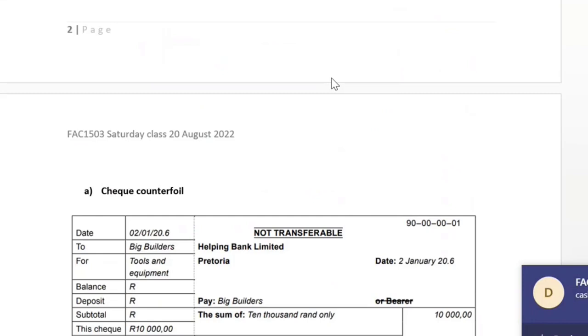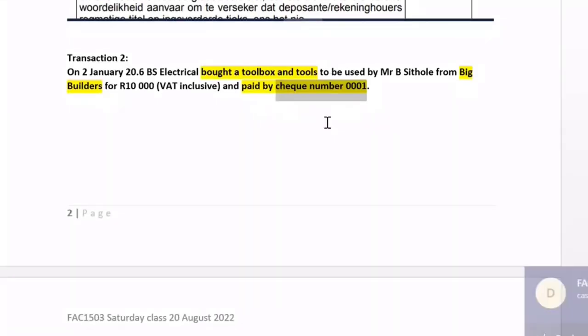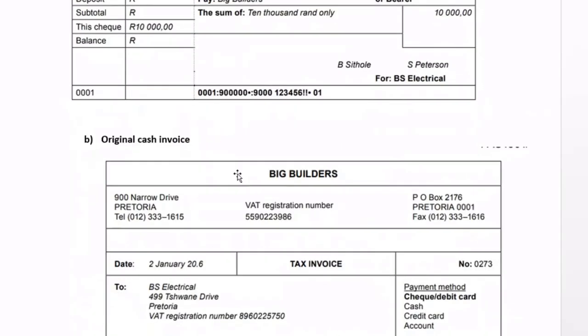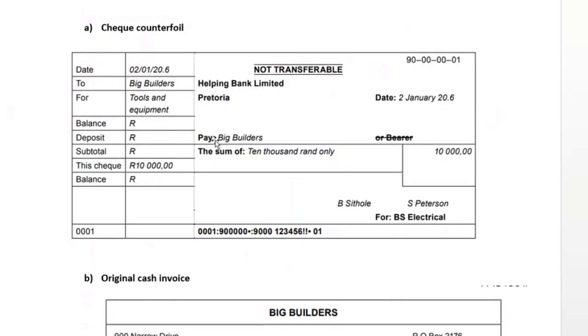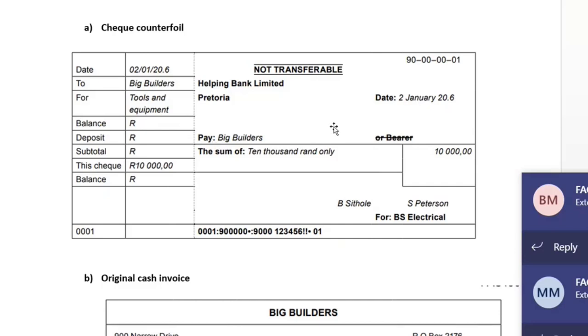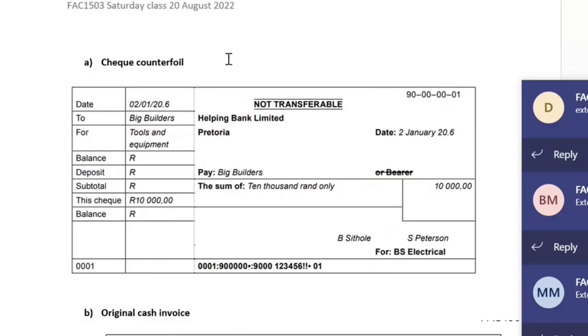So transaction number 2, I need to ask you, is this check counterfoil and this original cash invoice an internal or external source document? I need you to be specific.